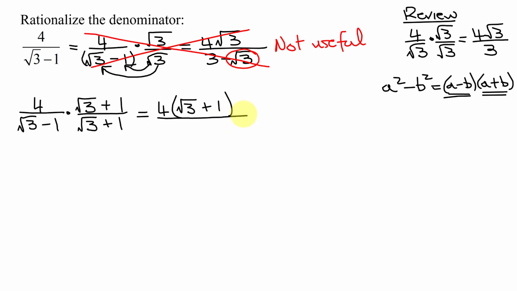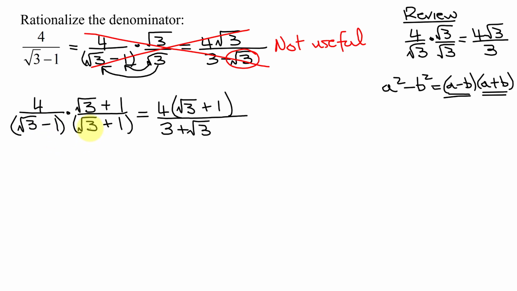And this one, I'm going to actually FOIL out the denominator, but you should know from this that we're going to get the difference of two squares. I just want to prove it. So I'm going to get the square root of 3 times the square root of 3, which is the square root of 9, which is 3. Then outer, the square root of 3 times 1 is plus the square root of 3.